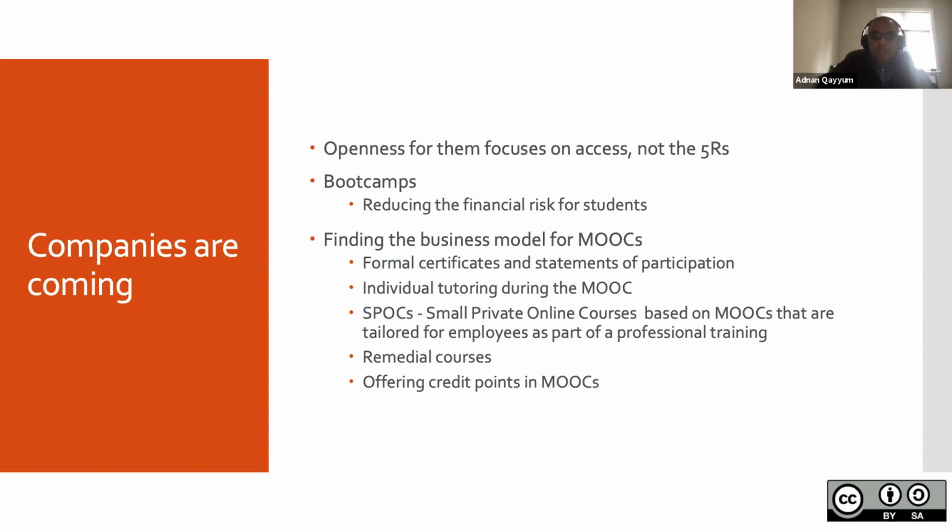So what's happened then, because of this pivot, is that the idea of openness has really moved towards a lot of private companies being involved with the idea of open. For example, there are boot camps which offer entire certified programs and say, we will offer you the entire program for free and you don't have to pay unless you get a job, right?